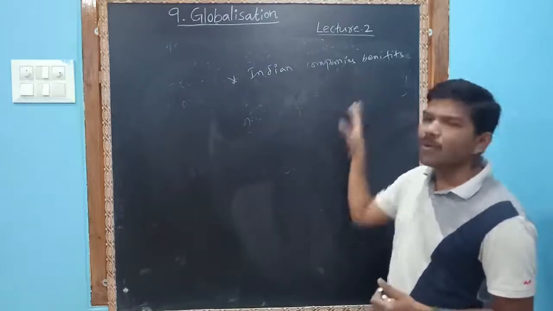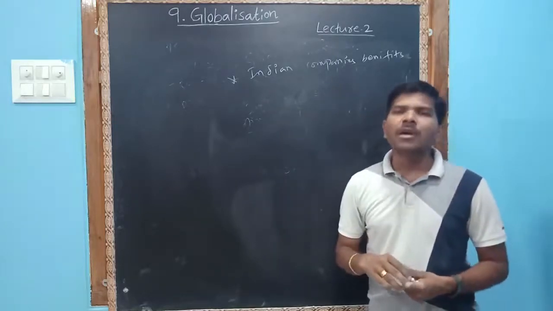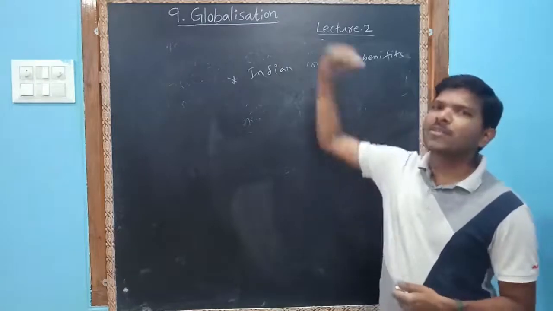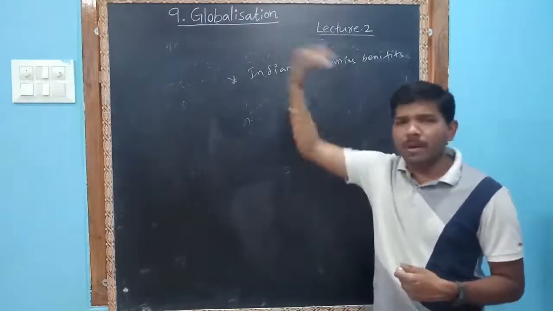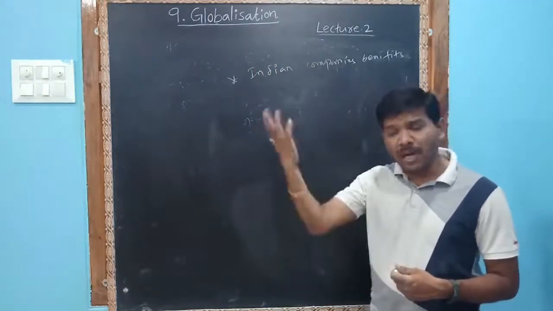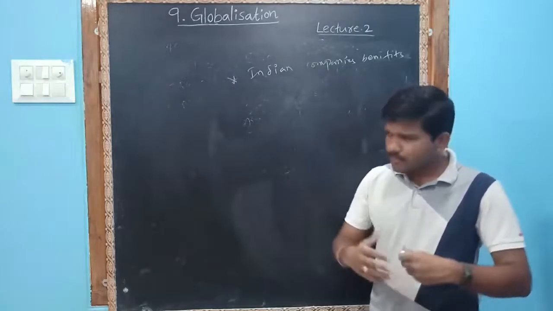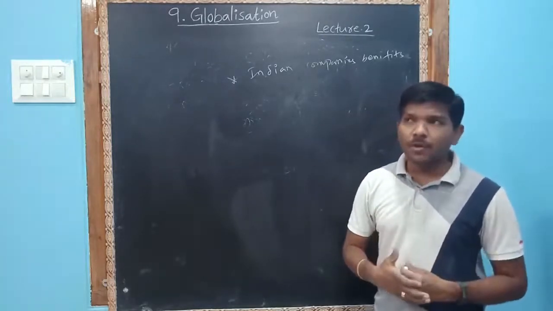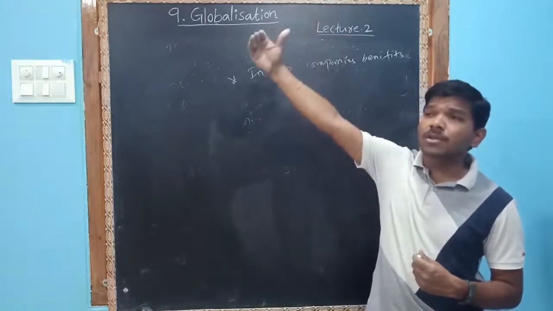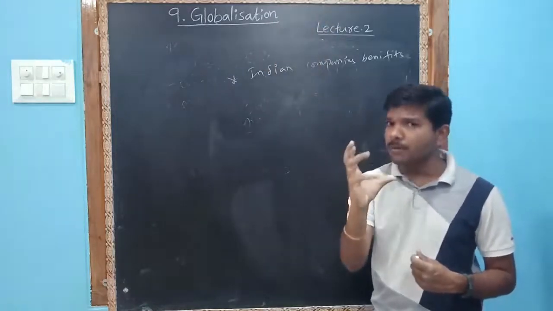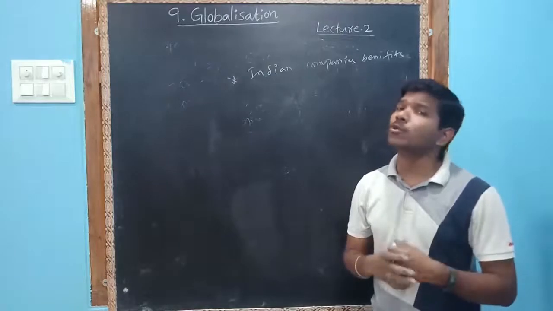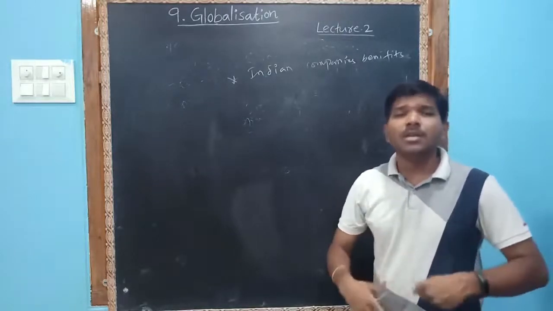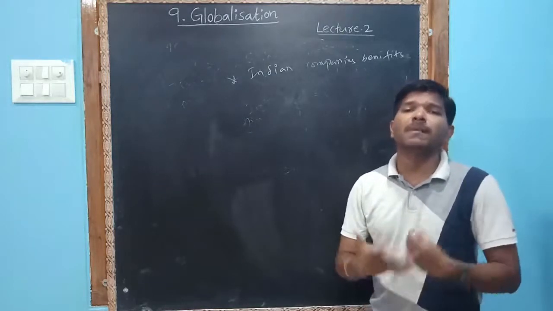How will Indian companies be benefited? Whenever there is stiff competition coming from other countries' companies, Indian companies also adopt new technologies, because that USA-based company is producing a good quality product. Why can't we produce good quality products the same as this? So Indian technology also will be updated.